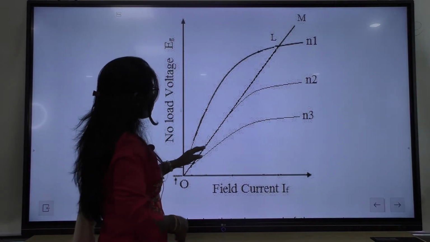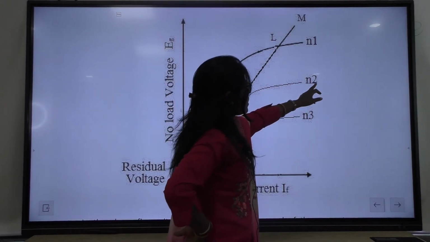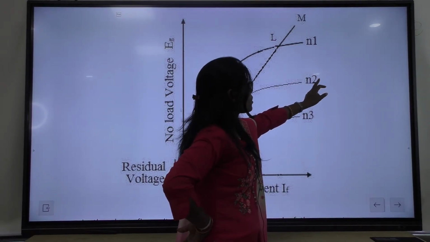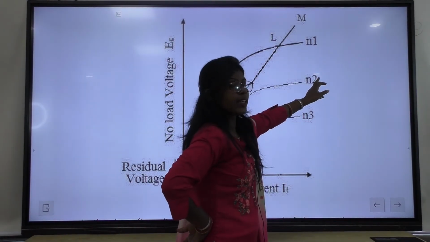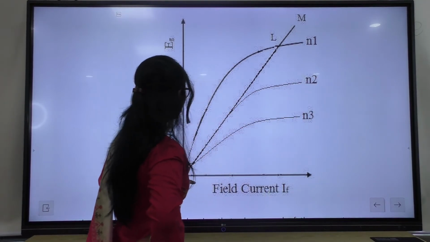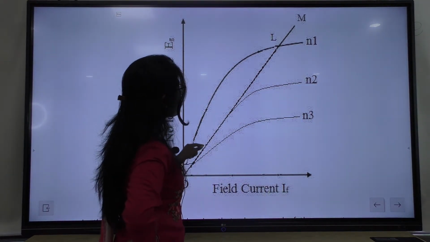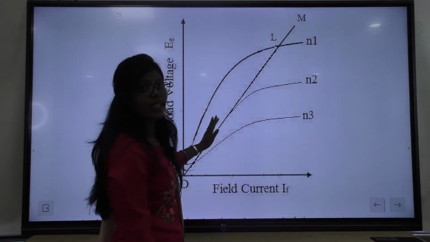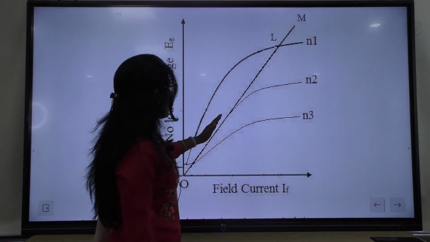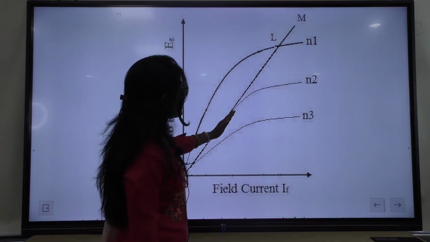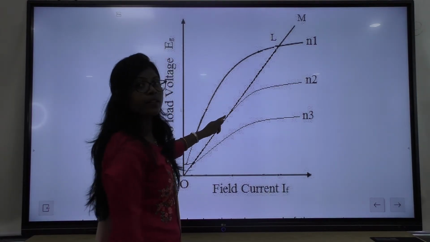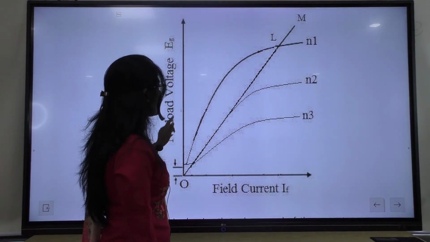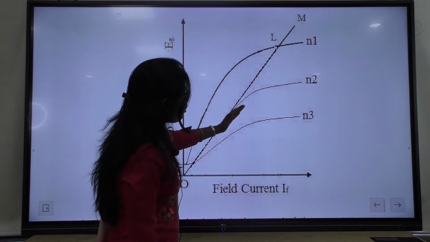Okay, so that's why it is called critical speed, that is NC. So NC, that is critical speed, is the speed at which the generator can build up voltage; below it, it cannot.